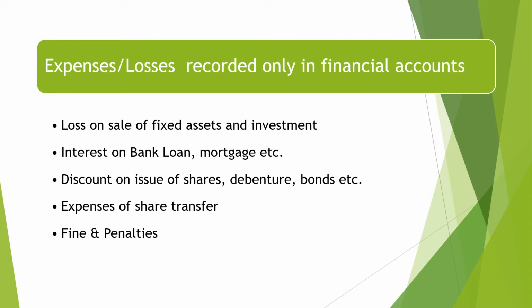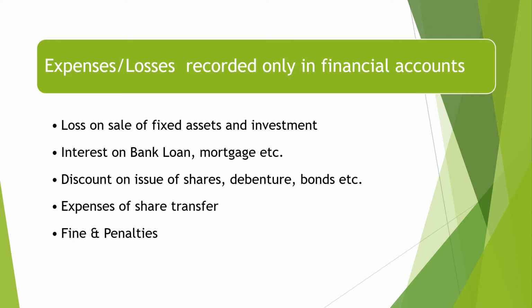It includes loss on sale of fixed assets and investment. Whenever there is a sale of fixed assets or investment, the loss incurred on it is recorded in financial account but is not recorded in cost account.